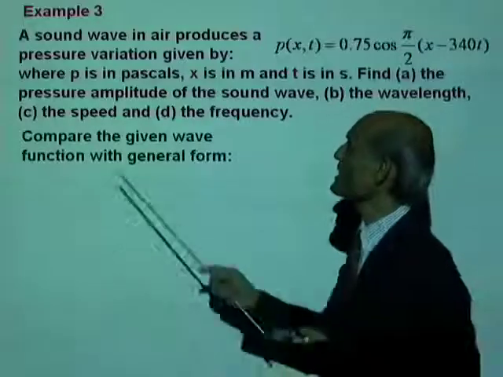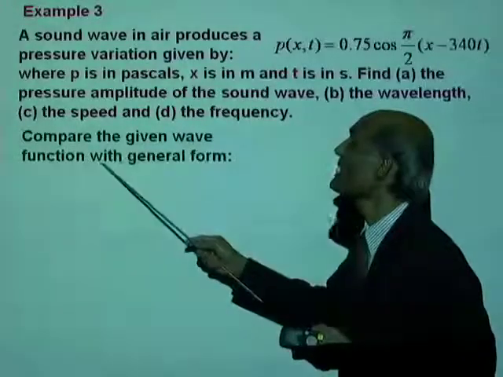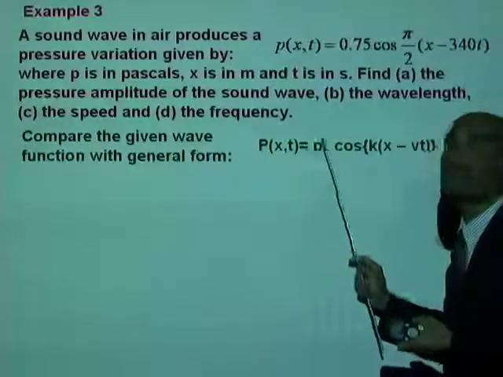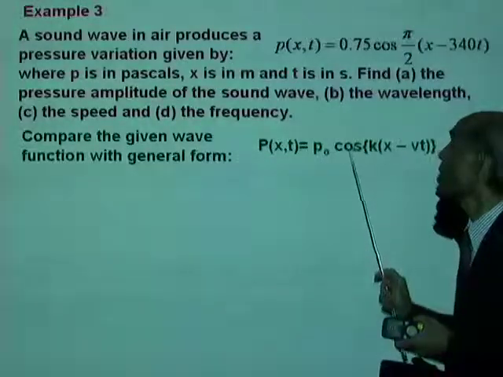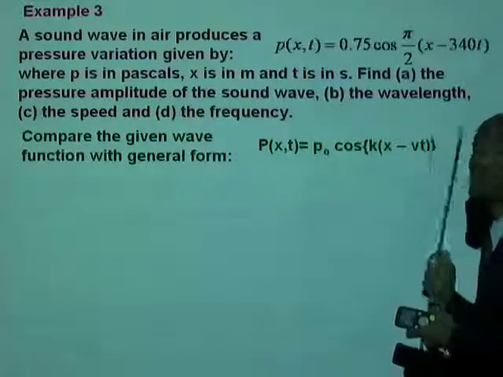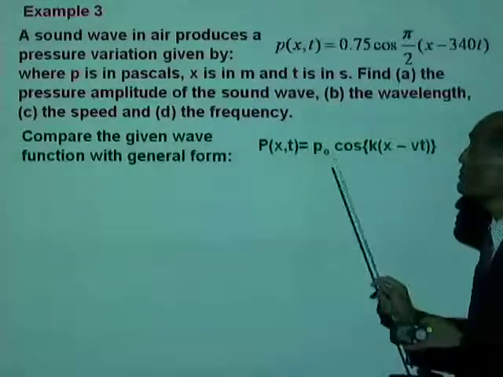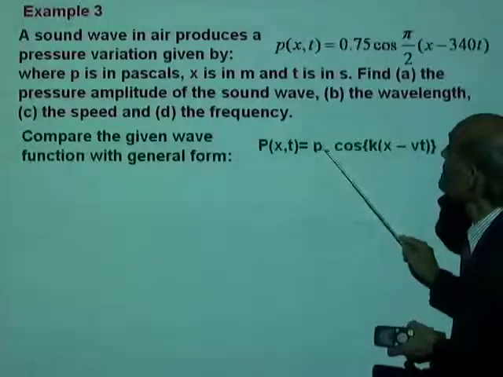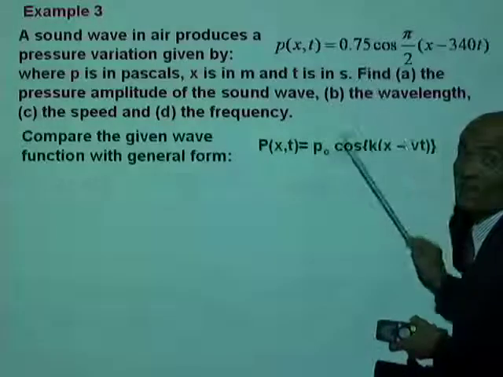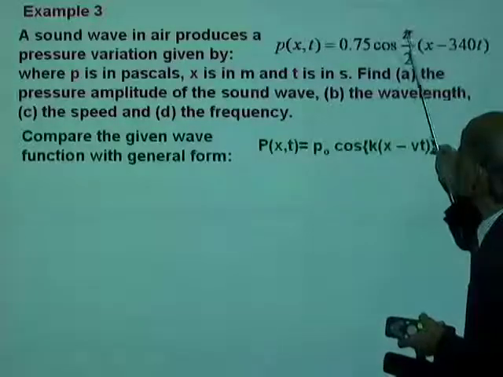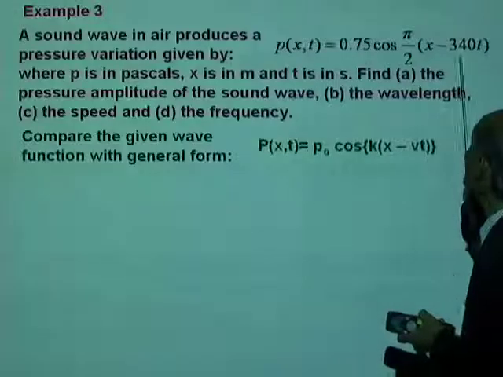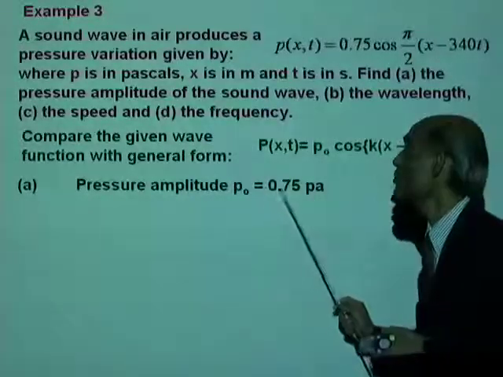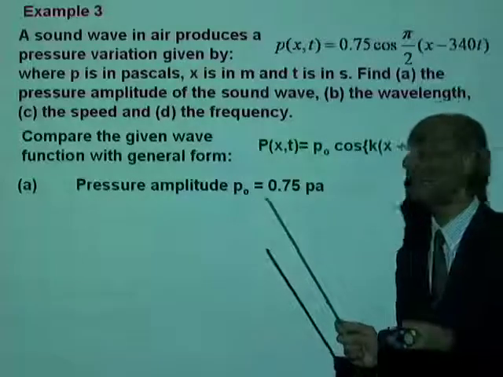Let's put these things together. Compare the given wave function with the general form P(x,t) equal to P0 cos k times (x minus vt). This is the general form. So you got P0 is 0.75, k is pi by 2, v is 340. Pressure amplitude is 0.75 Pascal.